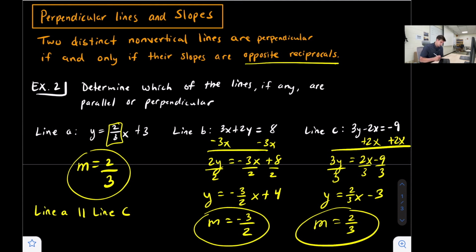So we could say line A is perpendicular to line B, and also line C is perpendicular to line B, because lines A and C have a slope of 2/3. The opposite reciprocal would be -3/2, and that's the slope of line B. So A and C are perpendicular to line B, and lines A and C have the same slope, so they are parallel to each other.